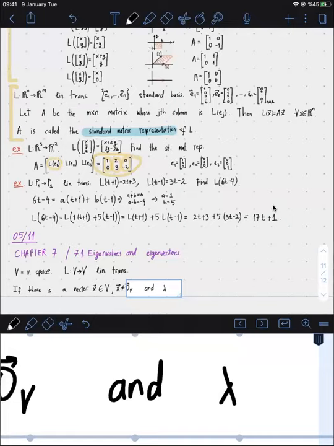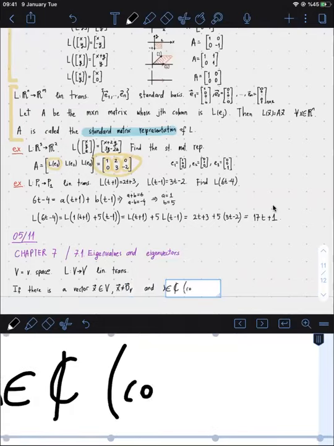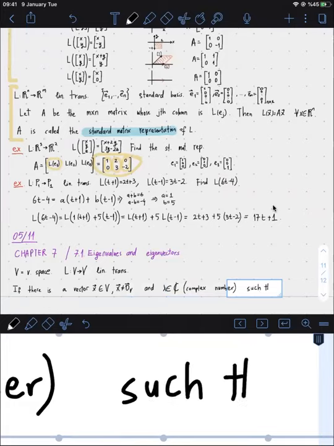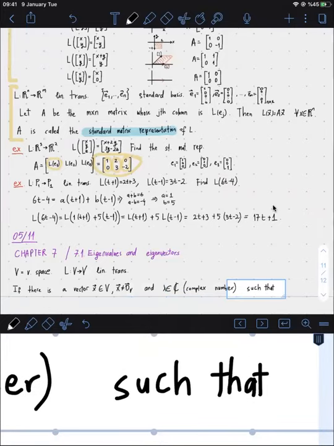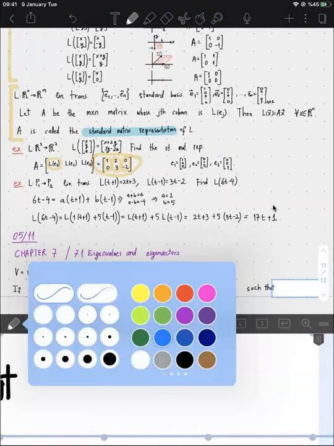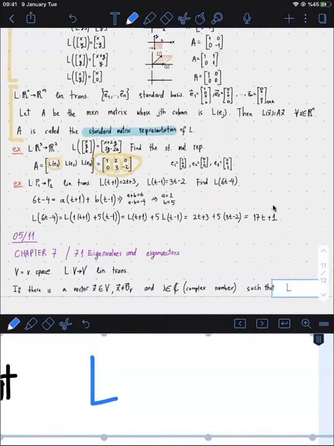In this case, we will assume that this lambda can be a complex number. Such that, here is the important condition: L of x equals lambda times x.